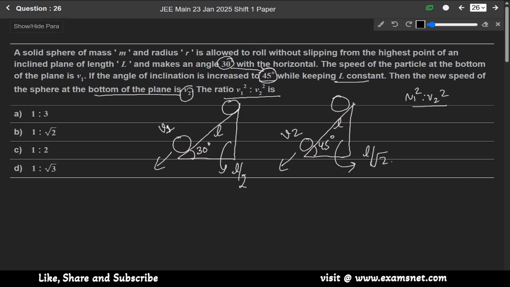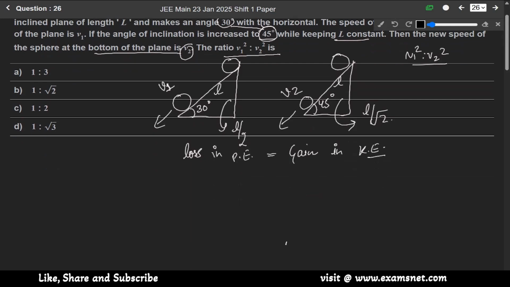If the sphere is rolling without slipping, then the loss in potential energy will be equal to the gain in kinetic energy. The formula is: loss in potential energy mgh, with this loss in height L by 2, will be equal to gain in kinetic energy, half m.